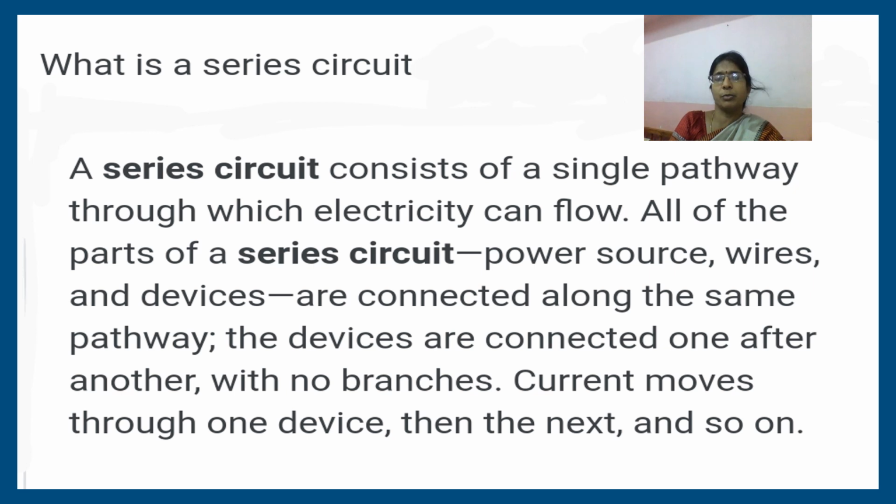So they don't divide, in a single path they are connected, and current moves through one device, then the next and so on. So when we are connecting them in a series, that is in a line, current flows from one device to the next one and so on. So here remember that a series circuit is the one which has only a single path for the current to flow.